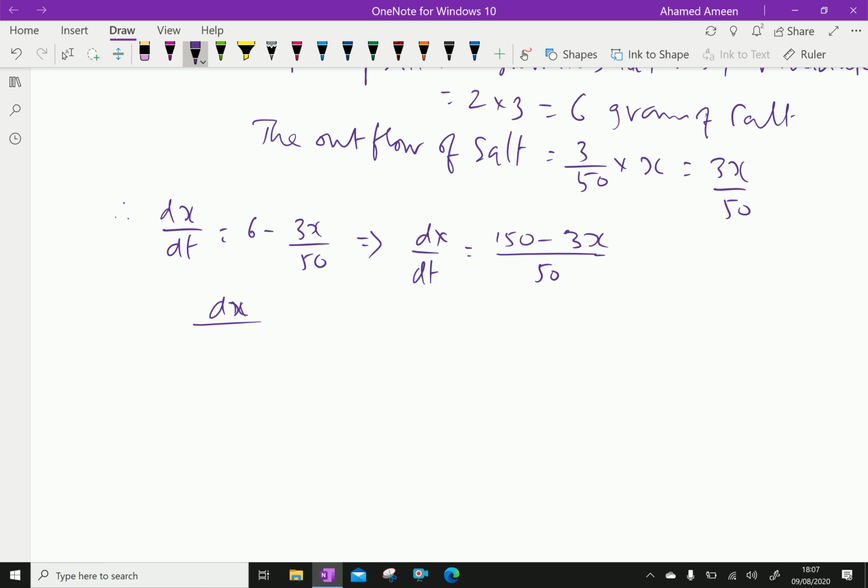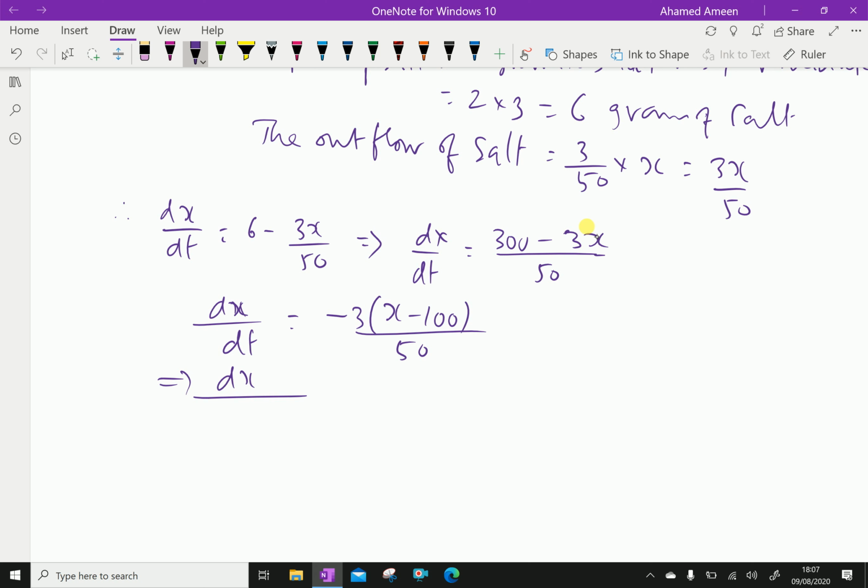Now dx by dt equals 150 minus 3x, which you can write as minus 3 out, x minus 50 over 50. Sorry, 6 into 50 is 300, not 150, so this is 100.